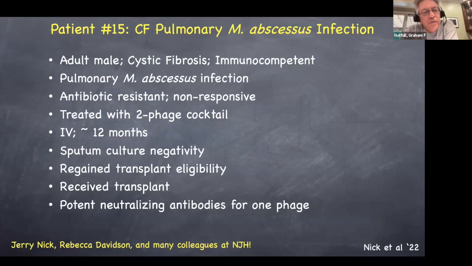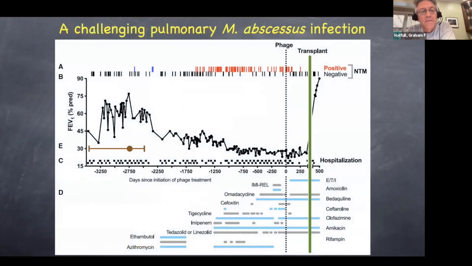And so after a year of treatment with the phage, he regained transplant eligibility because of clearance of the bacteria from sputum, received a transplant and is doing very well, is now off antibiotics, is off phages, and is just having to manage the immune rejection of the lungs. And again, we saw no phage resistance and some potent neutralizing antibodies for one phage, but not for the other.